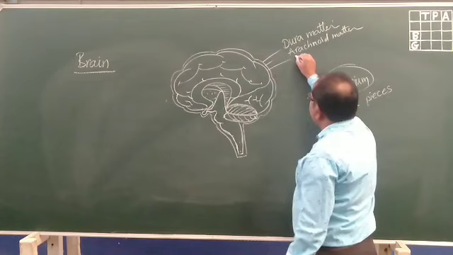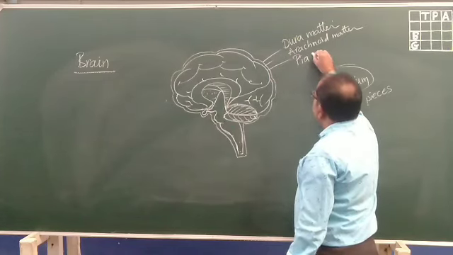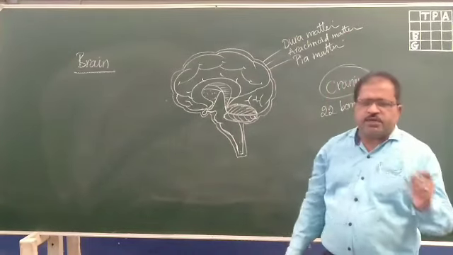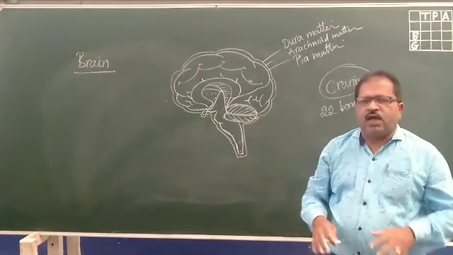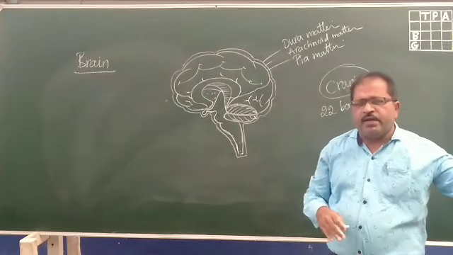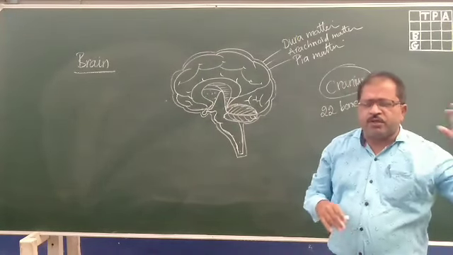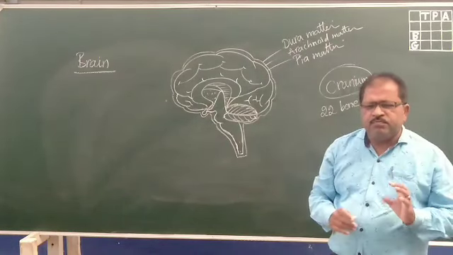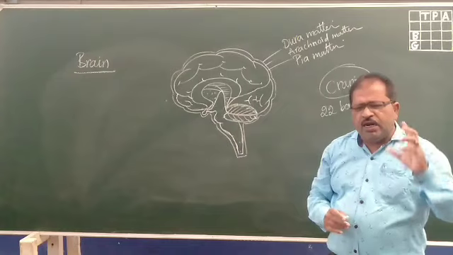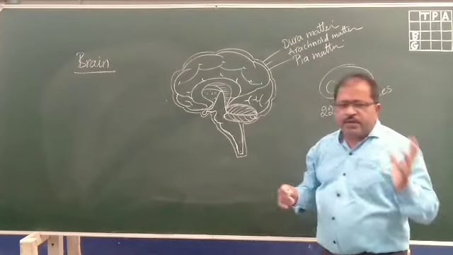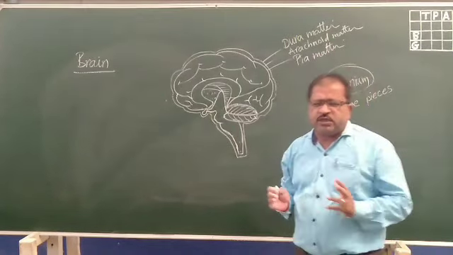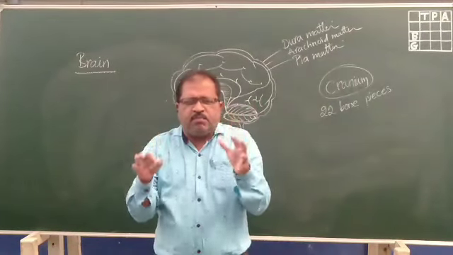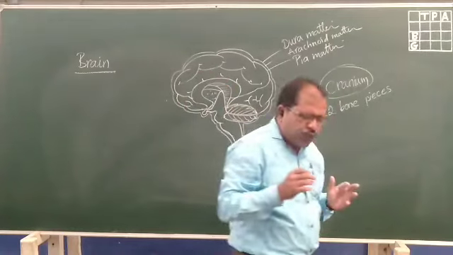And the innermost layer is called the pia mater. The outermost layer, dura mater, is a highly fibrous material which protects the complete brain. The middle layer, arachnoid mater, is like a cushion, like a sponge, which protects the brain from external shocks and injury.